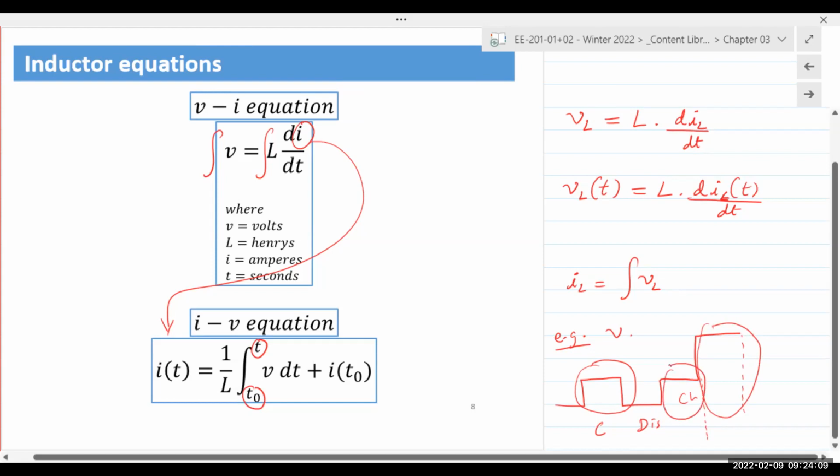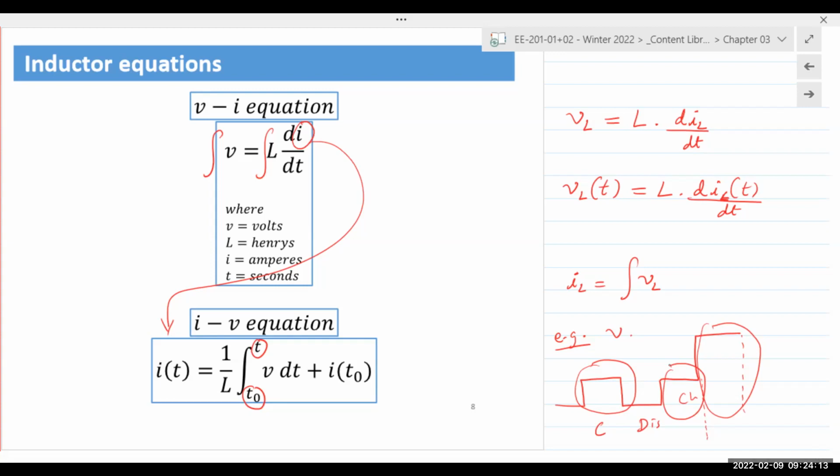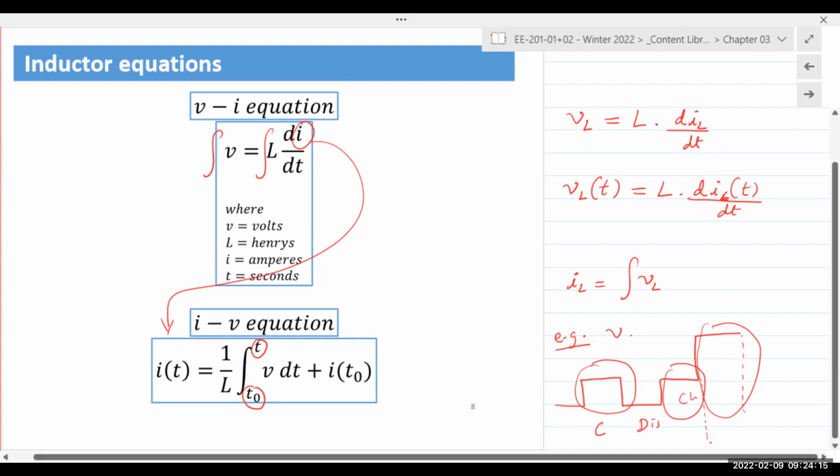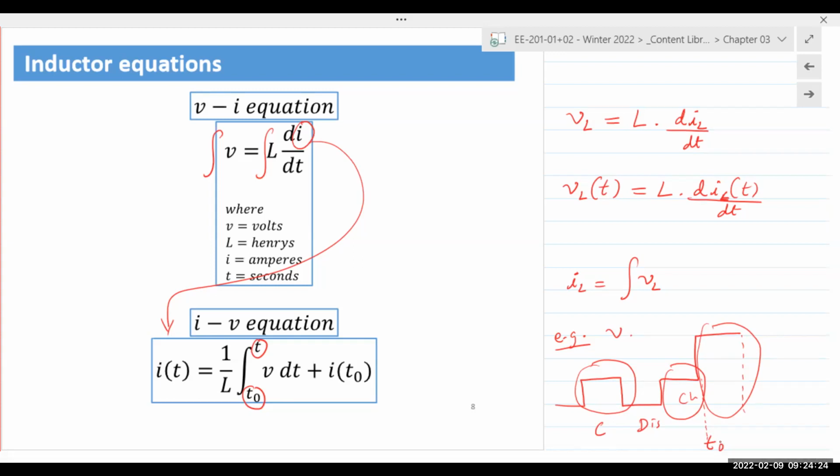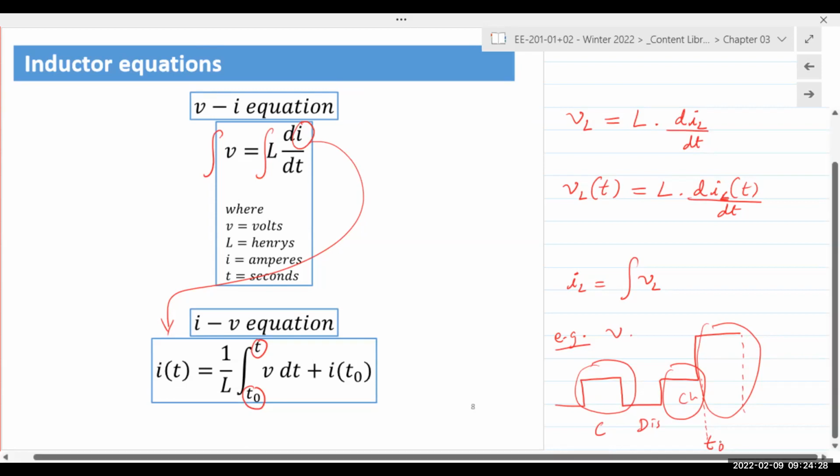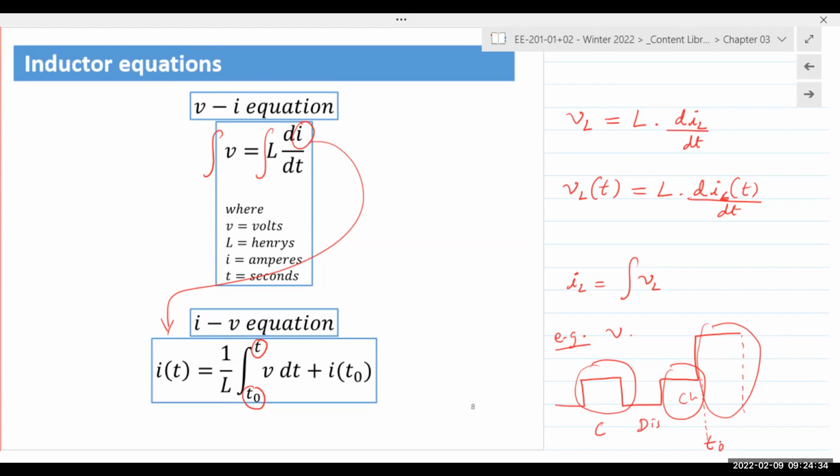And that initial charge portion is represented by I at t0, meaning we begin our analysis at this point right here. Then we have to add on the charge that was present at the beginning of that analysis portion. Does that make sense? Again, we'll solve examples where you will see that we have to take that initial value into account.